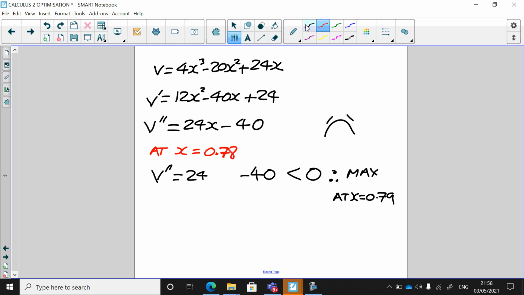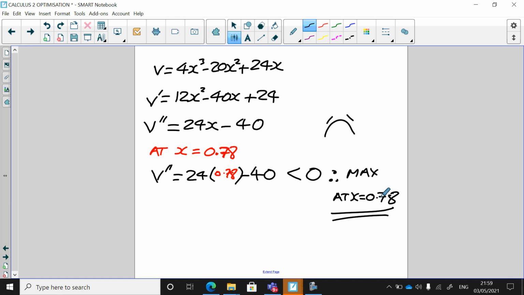and file that in there. It was less than 0, so it was a maximum at 0.78. Right, so that was my arithmetic.